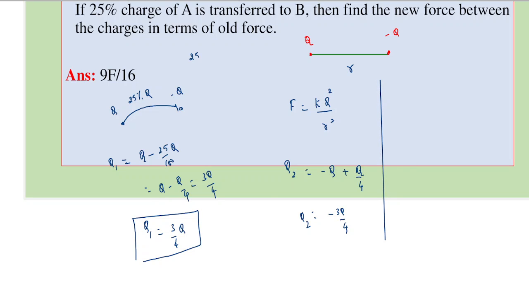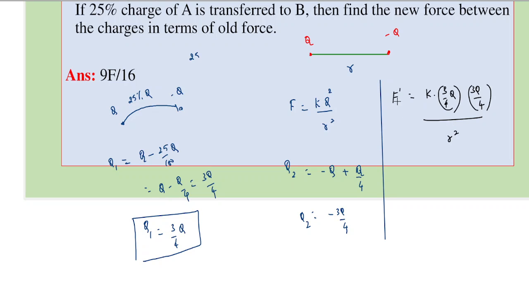If we find the force in this case, we will call that force as F dash. That force is equal to K into, the charges are 3/4 into Q, and the charge here is again 3Q by 4 because we take only the charge magnitudes, by R square.